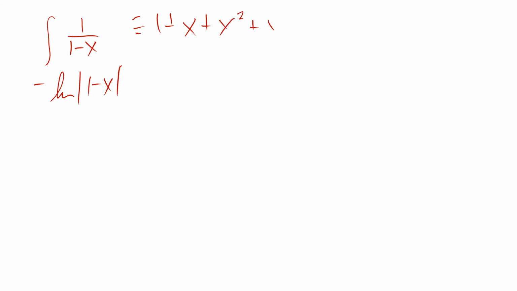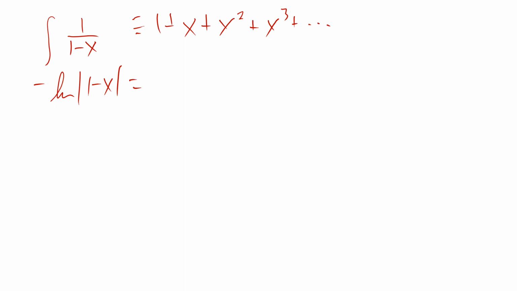We could also find the integral. We have 1 over 1 minus x. If we want to find the antiderivative of that, let's use substitution. That's 1 over u, so we're going to have a natural log of 1 minus x, and there's going to be a negative there. The series 1 over 1 minus x is 1 plus x plus x squared plus x cubed plus dot dot dot.